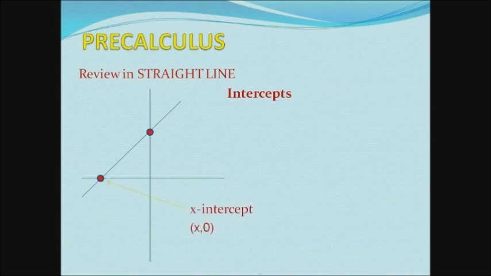So our x-intercept is the point where our straight line intersects with the x-axis. So the coordinates of our x-intercept is x and 0, while for our y-intercept, the coordinates would be equal to 0 and y.